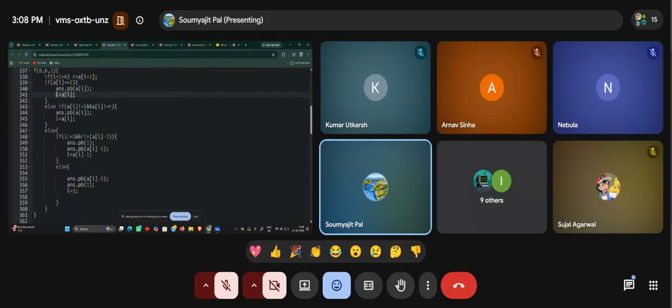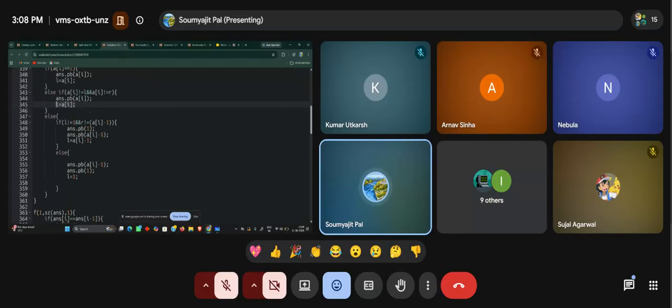Else, if my Ai is not equal to L and my Ai is not equal to R, I can push the element itself, since it is not equal to either L or R. So I push this element Ai and update the L value.